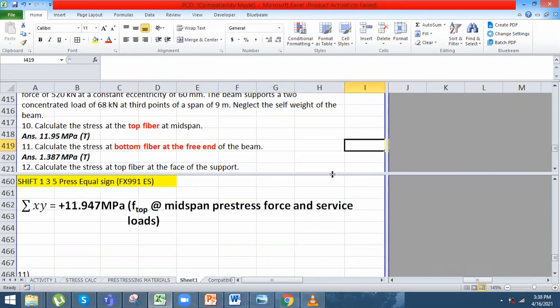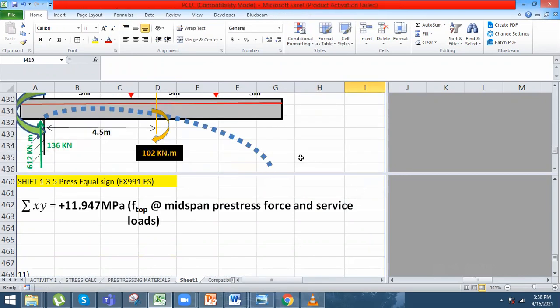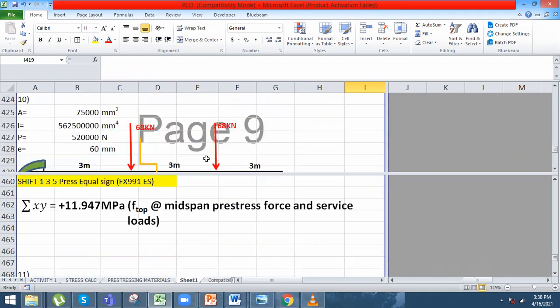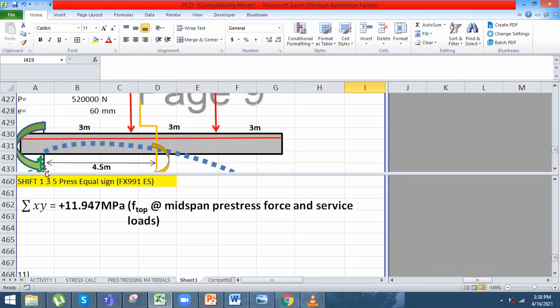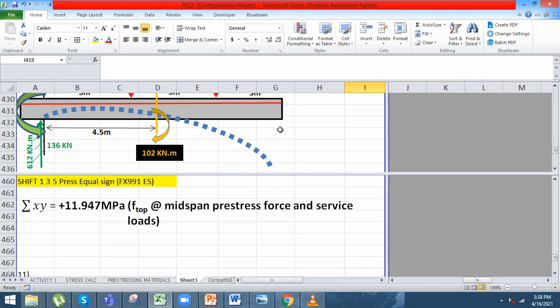So, when we say free end of the beam, dito, wala nang moment na kinakarga yan. Ayaw mong maniwala, mag-summation of moments ka dyan. By equilibrium, wala nang moment dito. Okay?